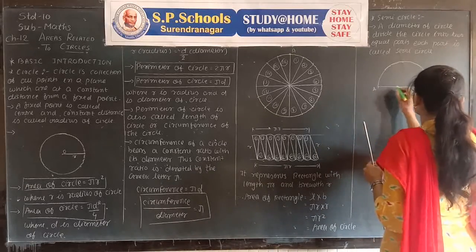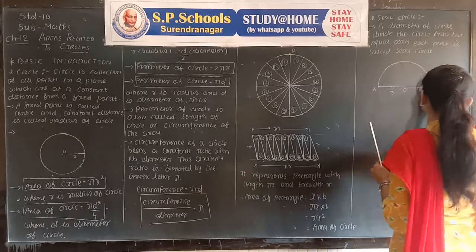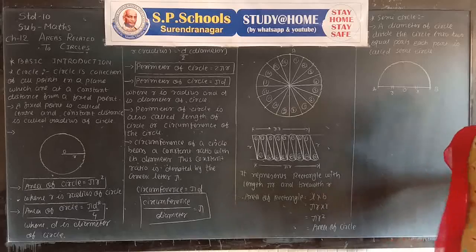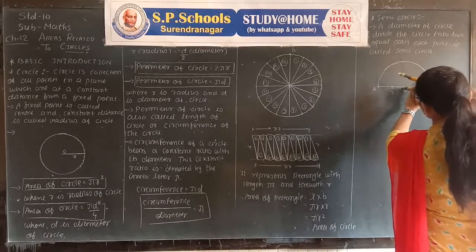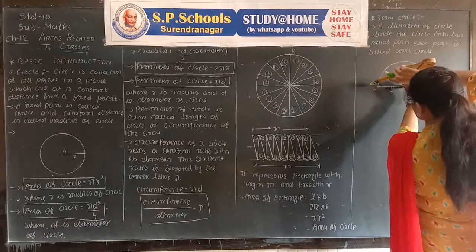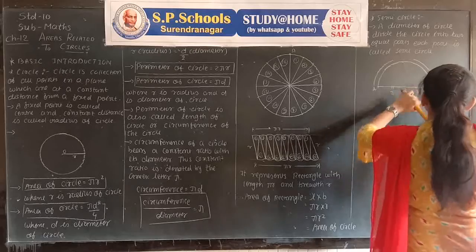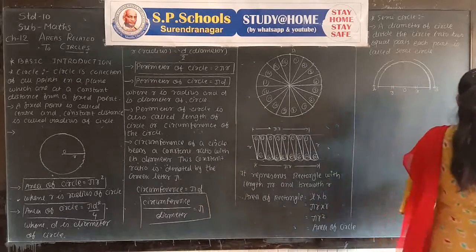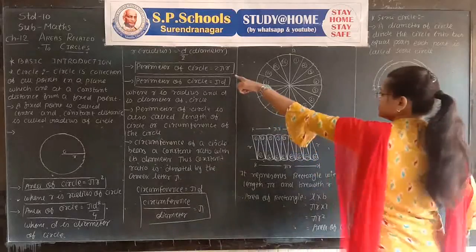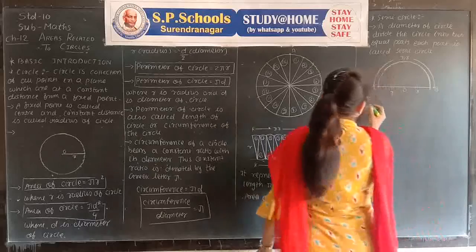O to B and O to A are equal radii of the circle. From point A to B, it is half the perimeter of the circle. The perimeter of the circle is 2 pi r. Half of it means pi r.